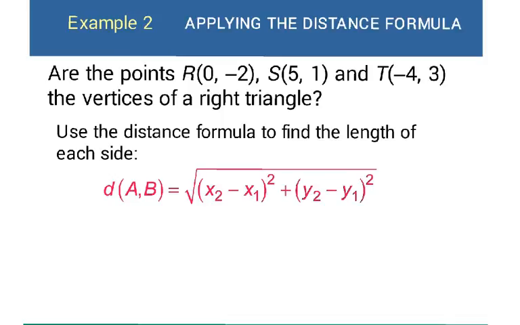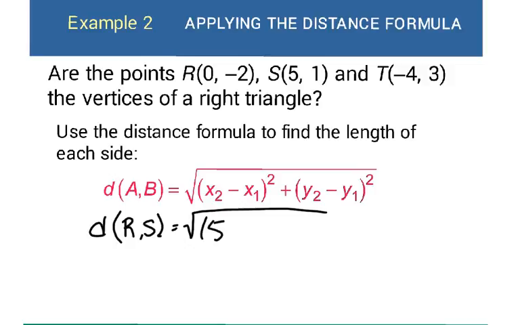Okay, so let's find the distance between all 3 of our points, well, all 3 of our vertices. So let's do that. Let's find the distance between R and S, which is 5 minus 0 squared, then 1 minus -2 squared.